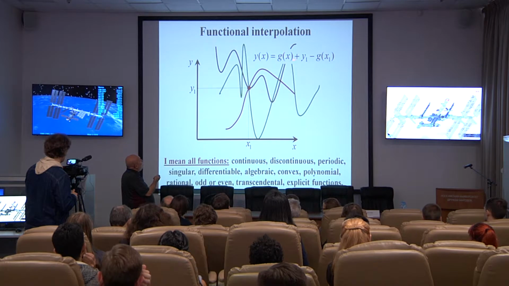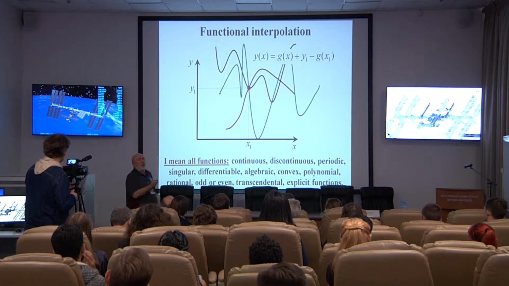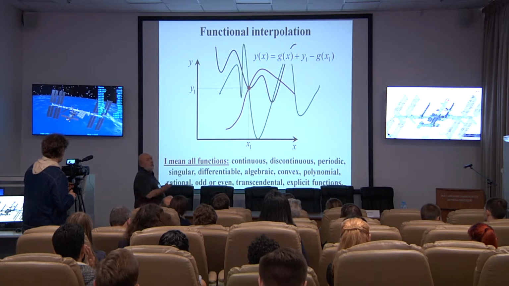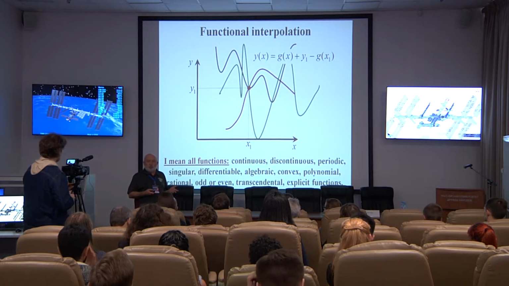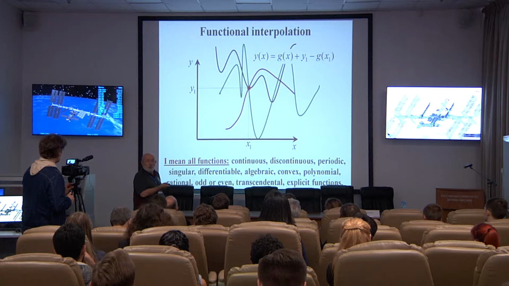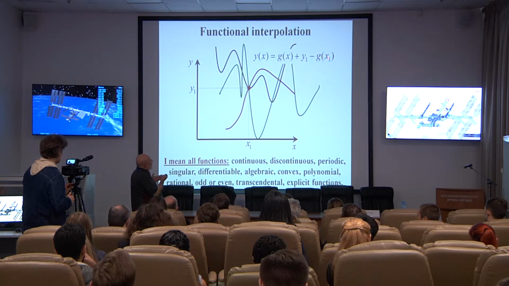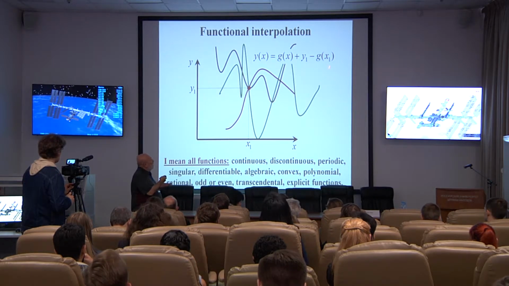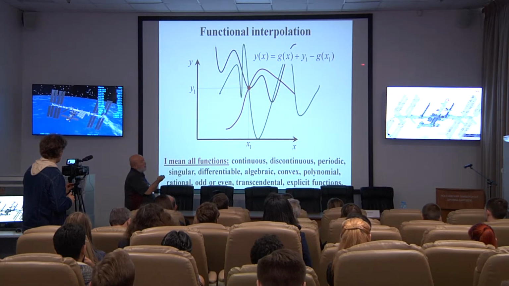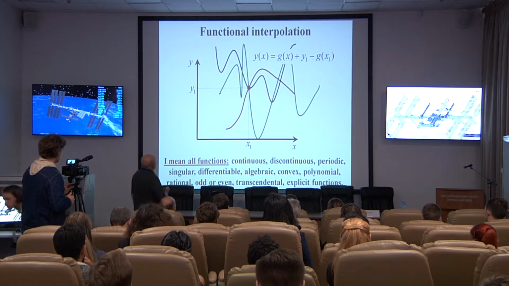And in this case, it doesn't matter which function you choose. All these represent all possible functions passing through this point, except the functions that are not defined at x1. But it makes sense, because the function must pass through that point. If it's not defined here, then you have infinity minus infinity, and it doesn't matter.